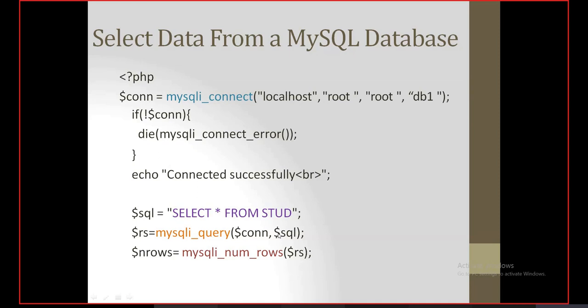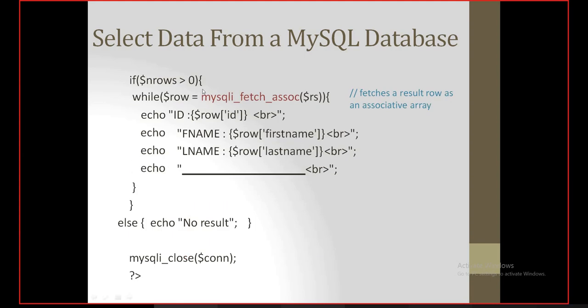Now, in order to fetch one record at a time, we will require the number of rows which are fetched. So we have a function MySQL underscore num underscore rows. It will return the number of rows present in this result set object, and we are storing it in a variable n rows.